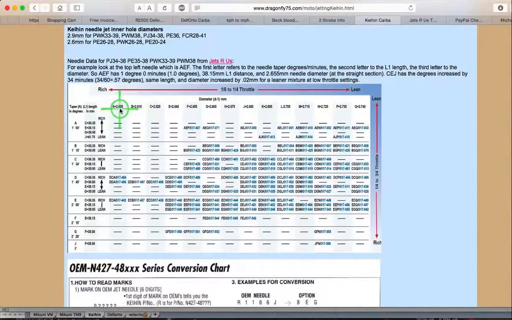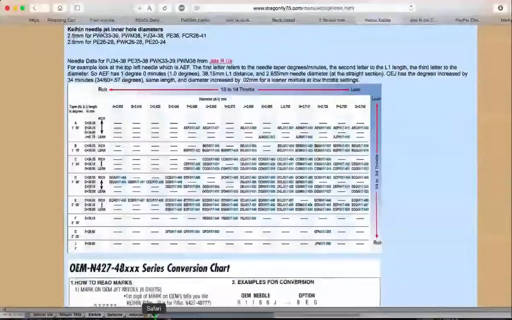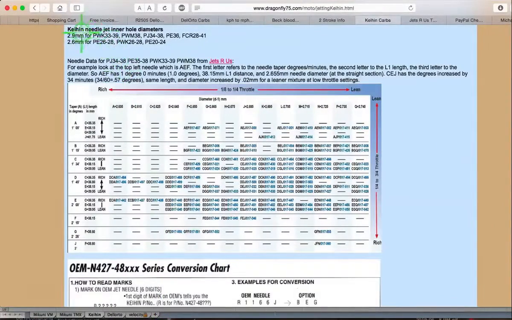And the third is the diameter of the straight portion of the needle, which is the portion above the taper. You see, each letter gives you different diameter, and that diameter is what goes right here. Then you've got the needle jet hole diameter. On my site, it tells you right here. It's either 2.9 or 2.6, depending upon your model.